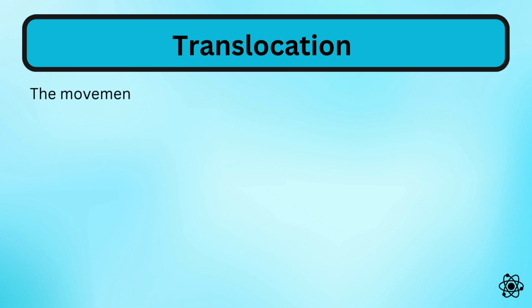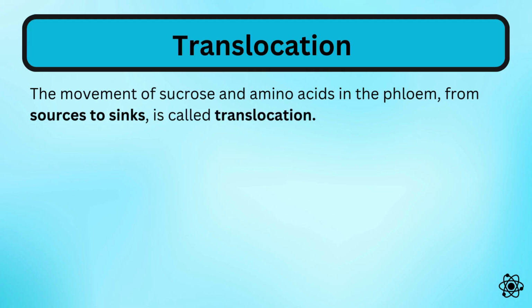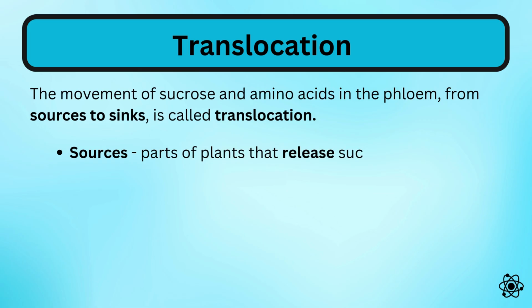The movement of sucrose and amino acids in the phloem from sources to sinks is called translocation. So, what are the sources? They are the parts of the plant that release sucrose or amino acids. And what are sinks?